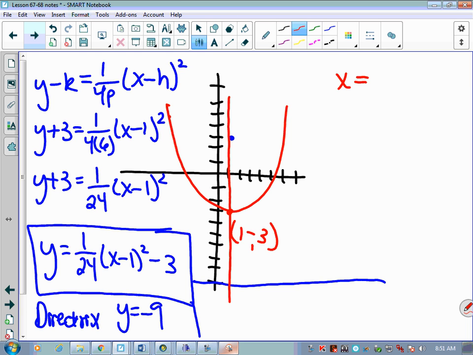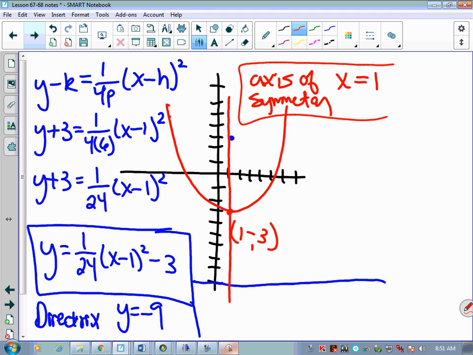So in this case, x equals 1 is my line of symmetry, or axis of symmetry. Okay, so we've got our 3 marks there. Does that make sense? Hopefully, a little bit.